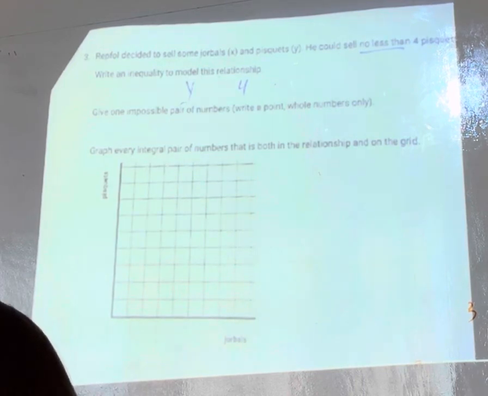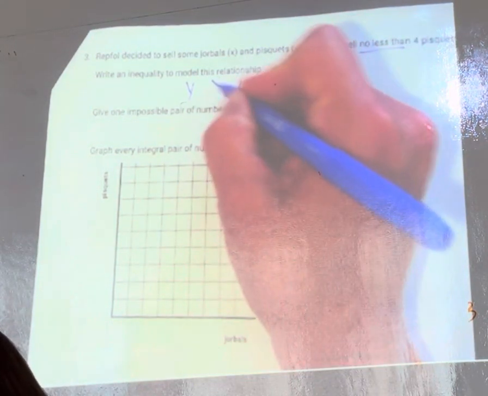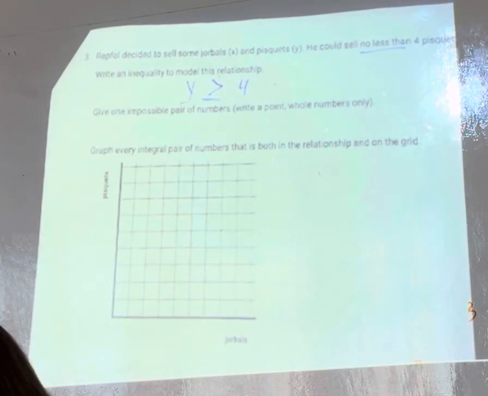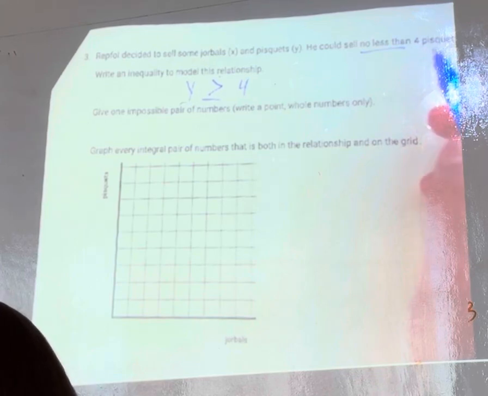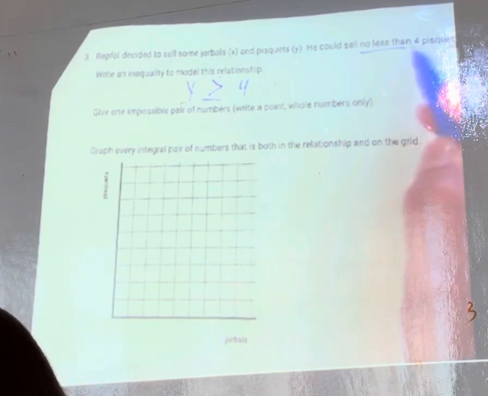What's the symbol for no less than? It's greater than or equal to. Okay, so no less than is greater than or equal to. So be careful, and after this sentence, make sure you read that one clearly.